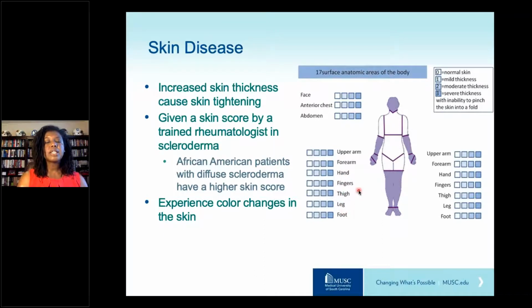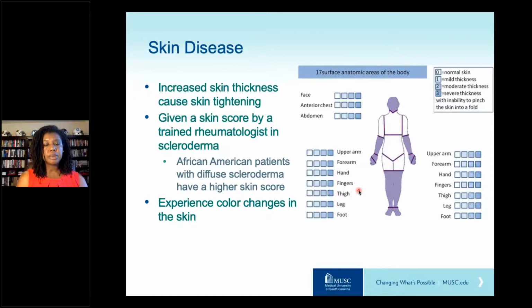As we assess these different areas, each is given a score of 0, meaning pretty normal skin, a 1, 2, or 3, which is highly involved skin thickening. When we look at our African American patients that have diffuse scleroderma, they tend to have a higher skin score compared to patients that are non-African American and have diffuse disease.